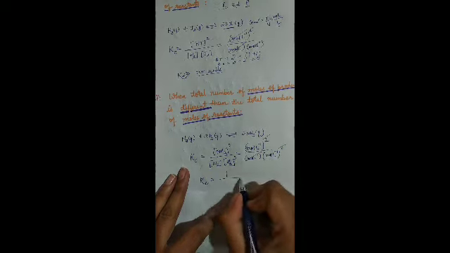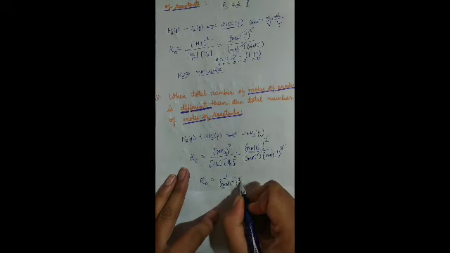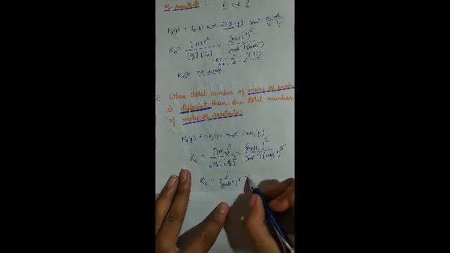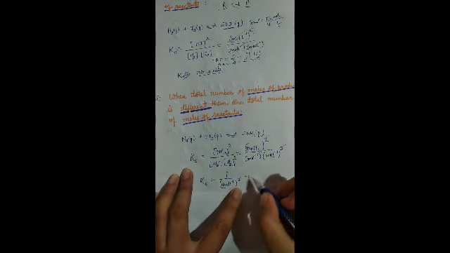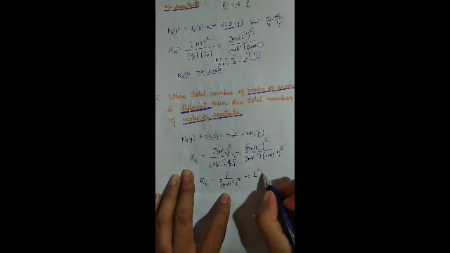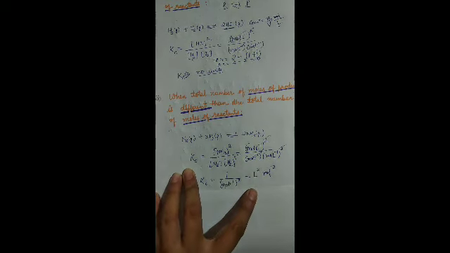So the unit of Kc will be 1 upon mole liter inverse squared, or you can write it as liter inverse squared. When this comes in the numerator, it will come as liter squared, so the unit will be liter squared per mole squared.